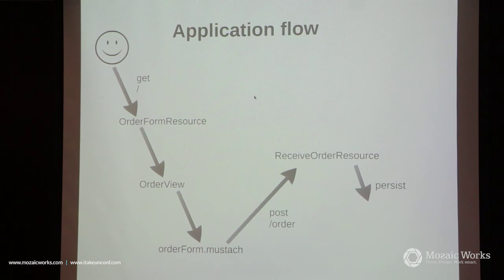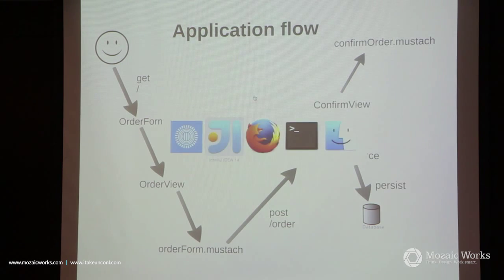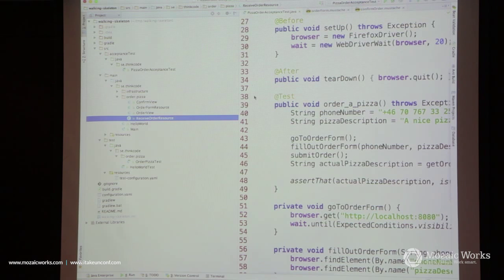It's supposed to persist the order, but it doesn't at the moment. And it is also supposed to send the confirm view and actually confirm the order, using the confirm order mustache. And that part is working. So what we're lacking is the persistence part. So now let's go back to the code and look at what you were thinking of.